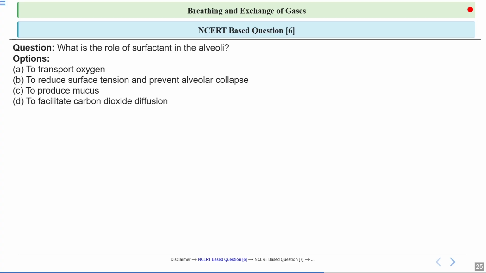What is the role of surfactant here? A, to transport oxygen; B, to reduce the surface tension and prevent alveolar collapse; C, to produce mucus; and D, to facilitate the carbon dioxide diffusion, right? Let us see the answer of this question.